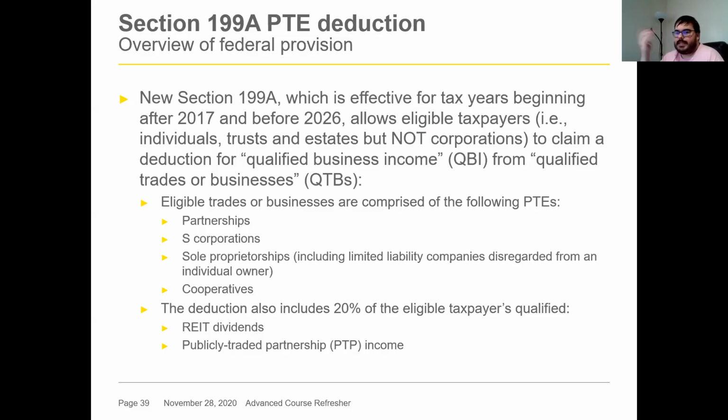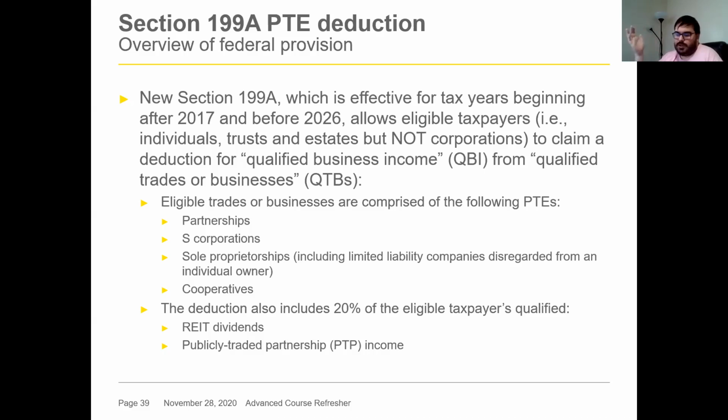Essentially, what it does, and I think the system calculates this automatically, it just generates a 20% deduction for any income that is for the self-employed. If you do a Schedule C, it generates this deduction.